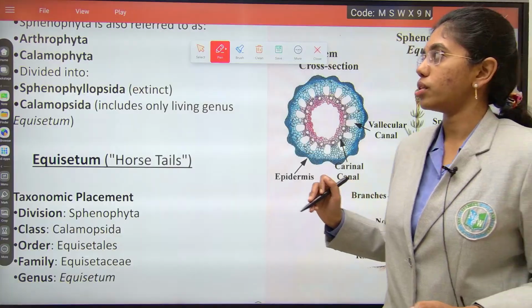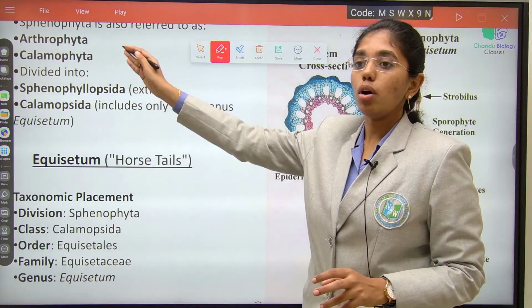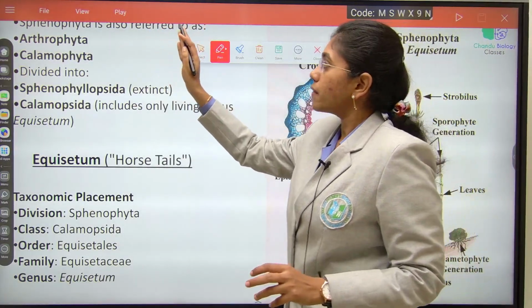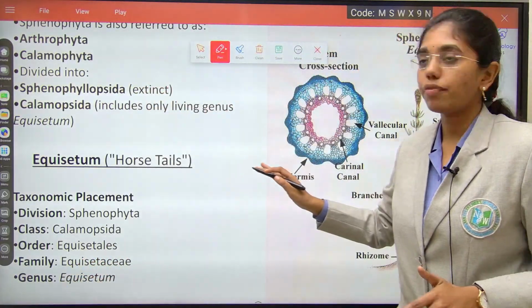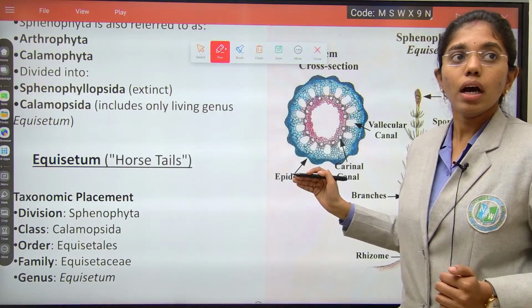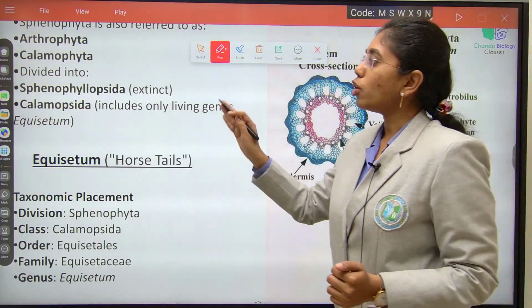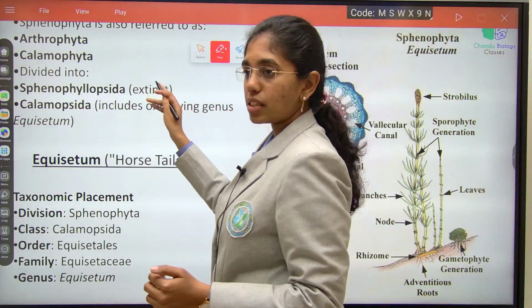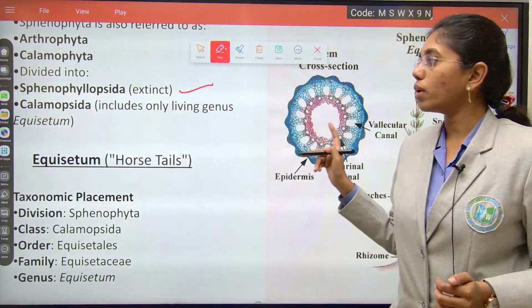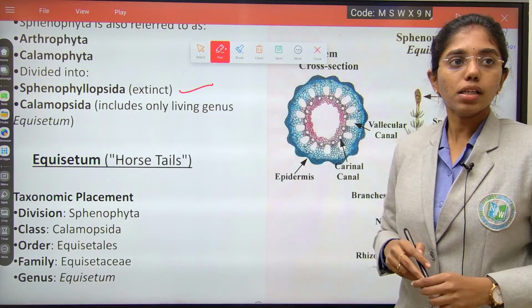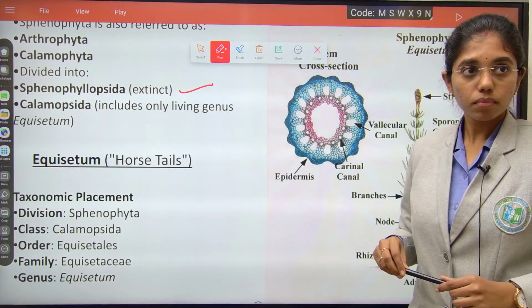You should be aware of Sphenophyta, which is also referred to as Arthrophyta or Calamophyta, and it is further divided into the classes like Sphenophyllopsida, this class is extinct, and Calamopsida, which includes only one genus in it, that is Equisetum. Fine, right?